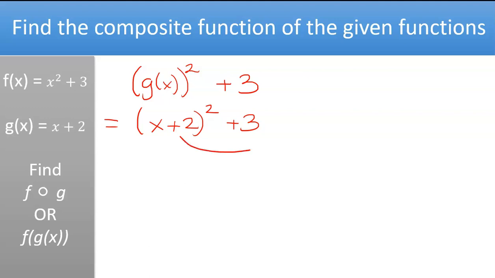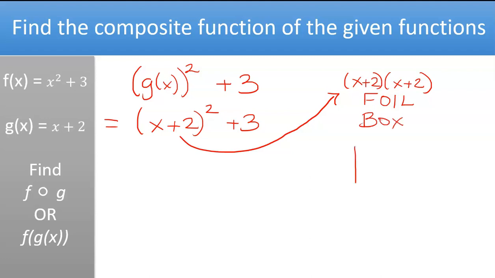I'm going to go over to the side to figure out what x plus 2 squared is. x plus 2 squared can be written like this. We can use FOIL to determine what the answer is, or we can use the box method.